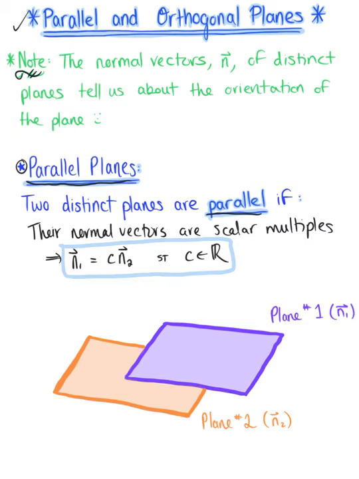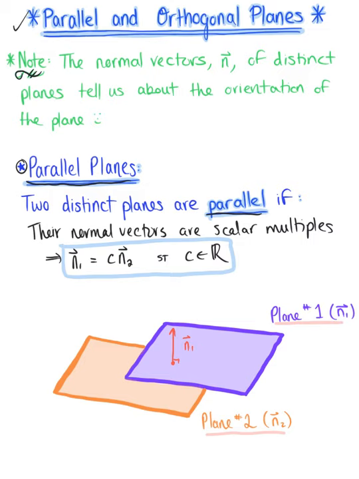So graphically, looking at this illustration here, we have plane number 1 with the normal vector n sub 1, and we have plane number 2 with the normal vector n sub 2. Let's assume that this here is a normal vector for the first plane, and we'll label this n sub 1.